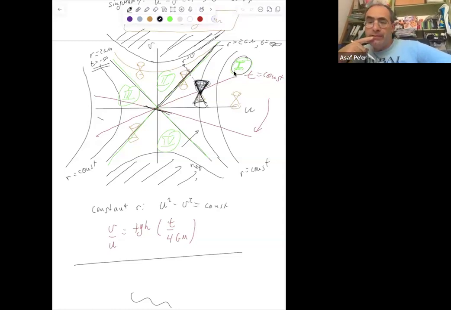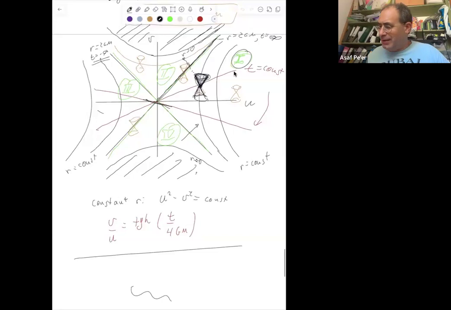So in this coordinate system, this region exists, but physically it's meaningless in the sense that there is no way for us to reach there. Okay, but mathematically, mathematicians can do many things. Mathematically, it's there. I have to tell you it's there.